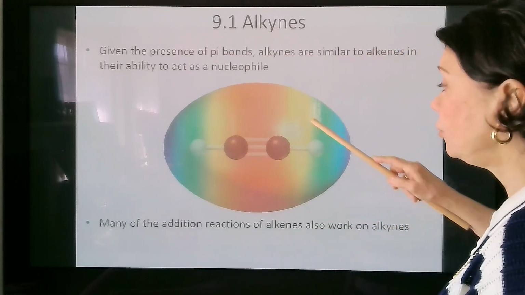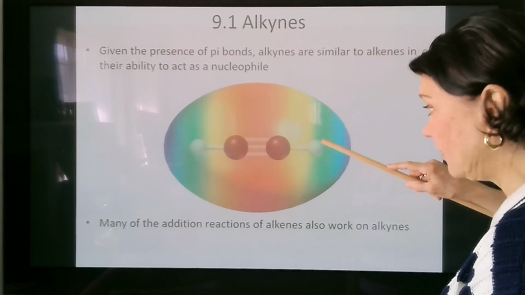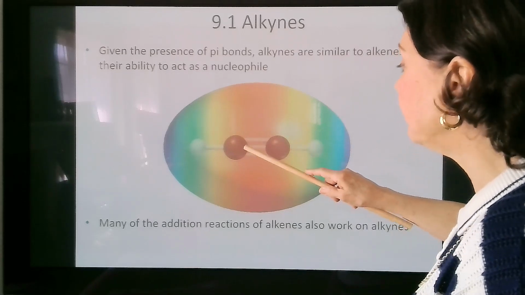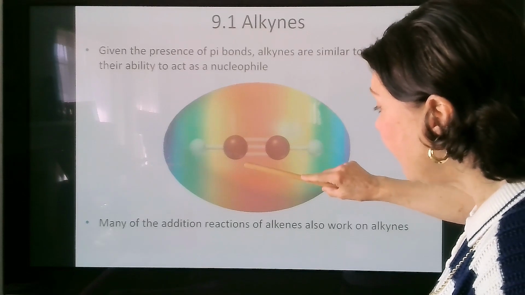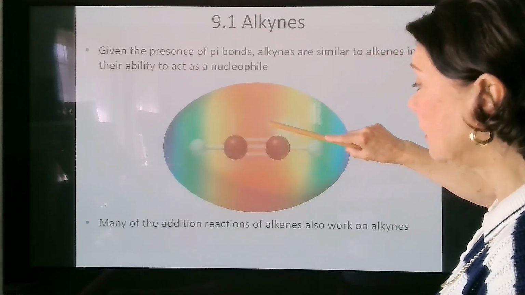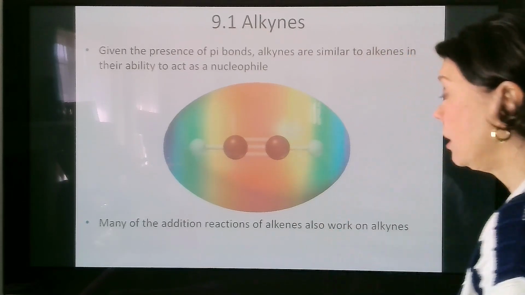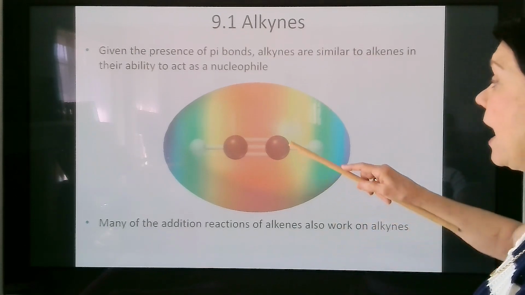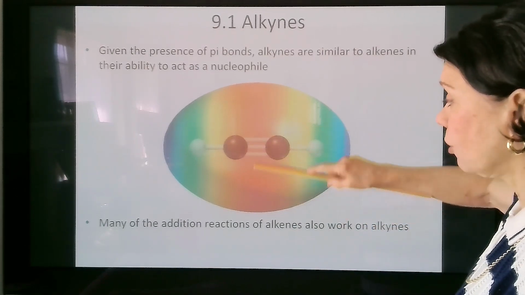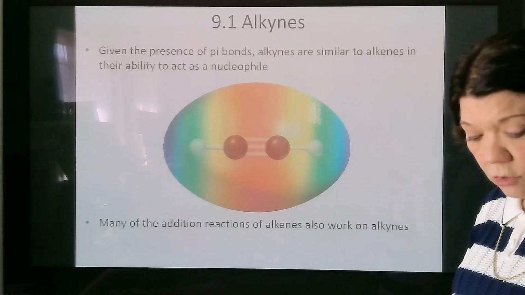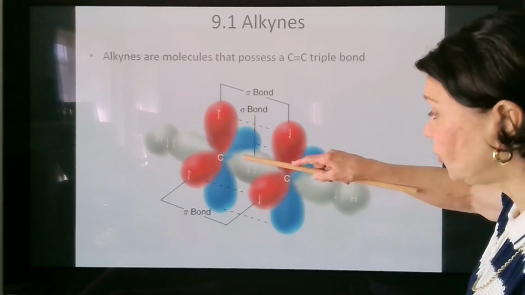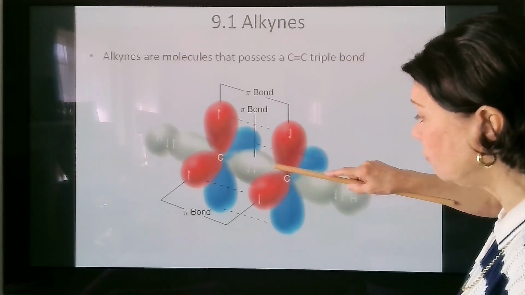And here this shows you the electron density map, the charge density map, and you can see that the area of the triple bond is really electron rich, which is what you would expect, because you have the pi bonds here. Remember, pi bonds are not directly in between the two nuclei, like the sigma bond is directly in between the two nuclei.